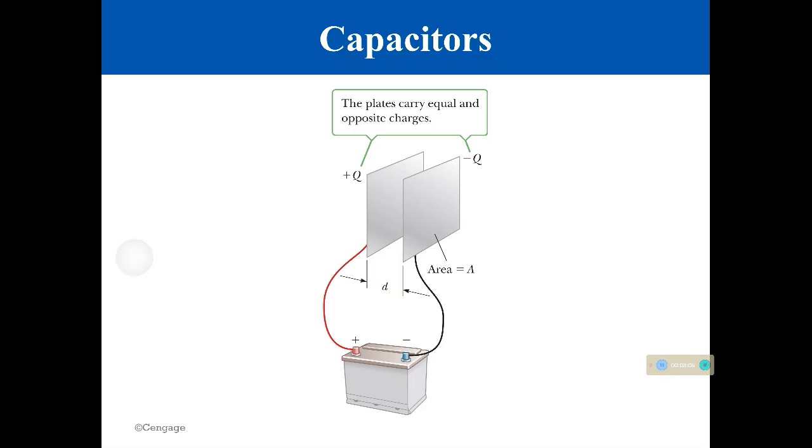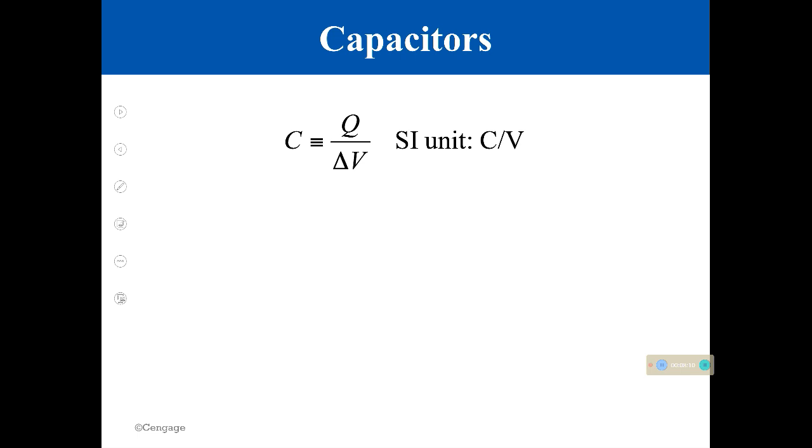So, how do we change? And then we talked about this capacitance. Capacitance is a measurement of how much charge you can store on a particular capacitor, at a particular voltage. Its equation is Q over delta V, or coulombs per volt. And as I mentioned the other day, that SI unit is just a farad.